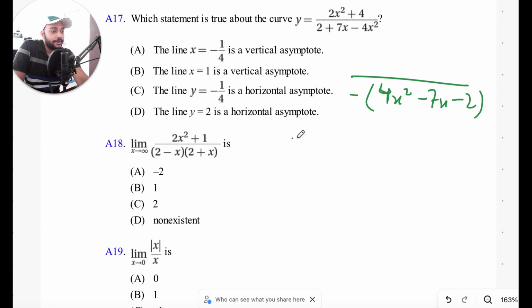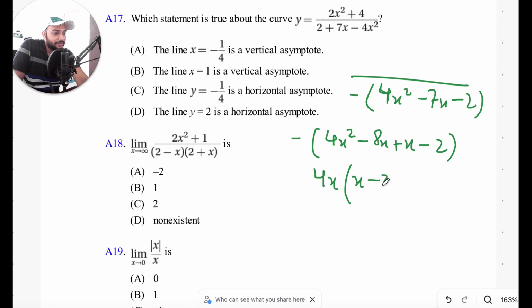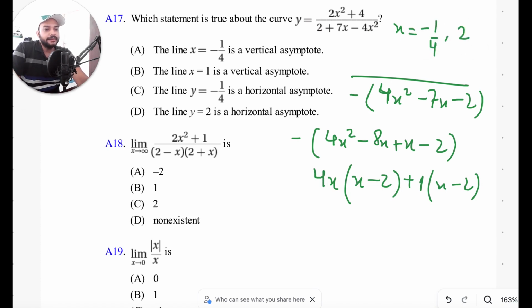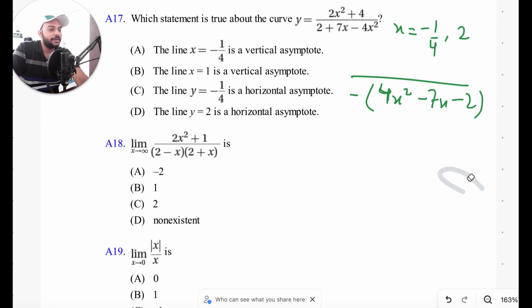This becomes 4x squared minus 8x plus x minus 2, and that becomes 4x times x minus 2 plus 1 times x minus 2. So x is equal to -1 over 4 and x is equal to 2. These two are the roots of the denominator. That's where the denominator becomes 0.